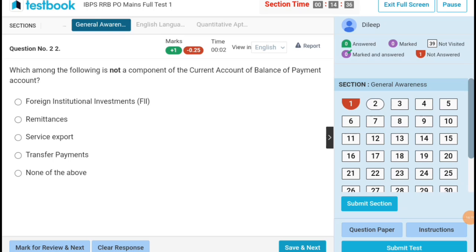Which among the following is not a component of the current account of the balance of payments? Service export.